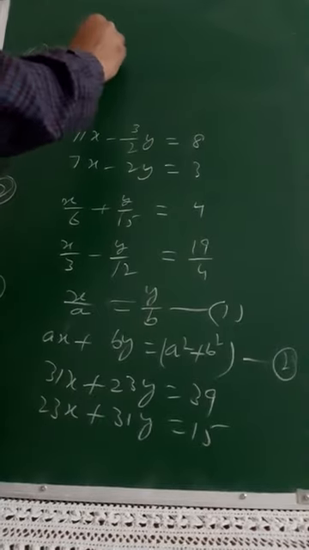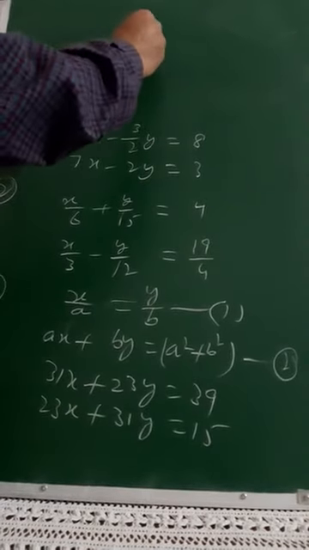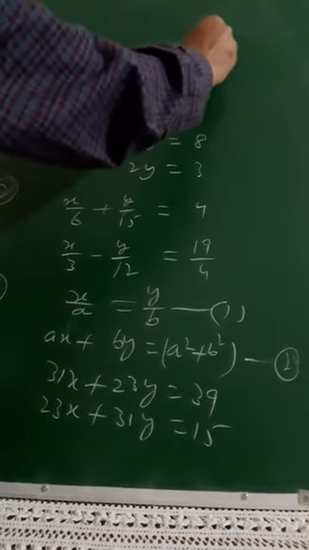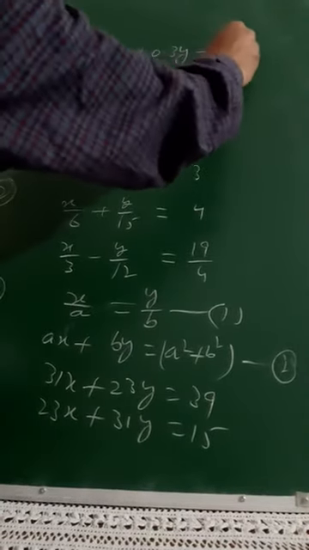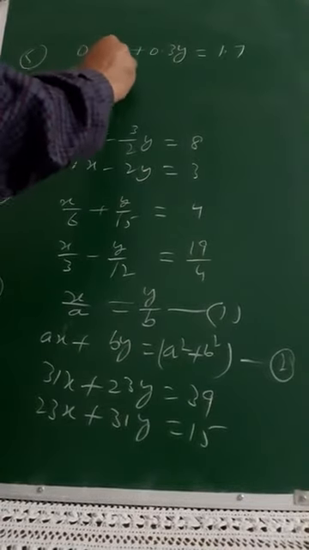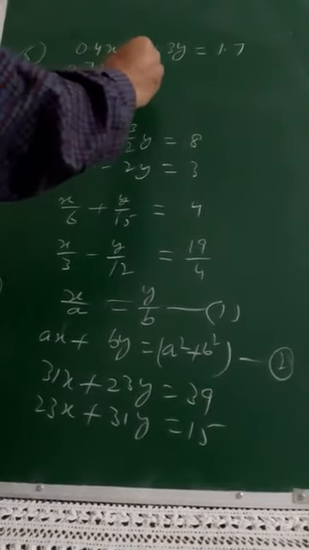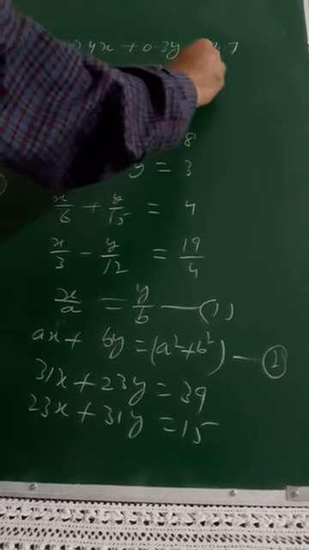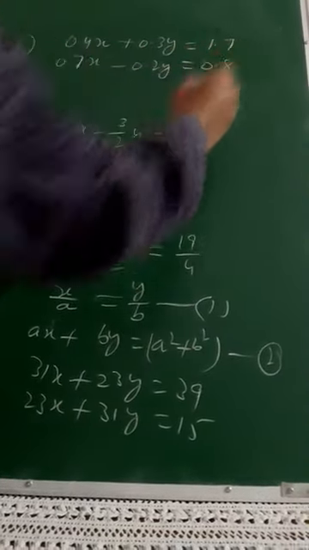Suppose it is 0.4x plus 0.3y is equal to 1.7, and then 0.7x minus 0.2y is equal to 0.8.